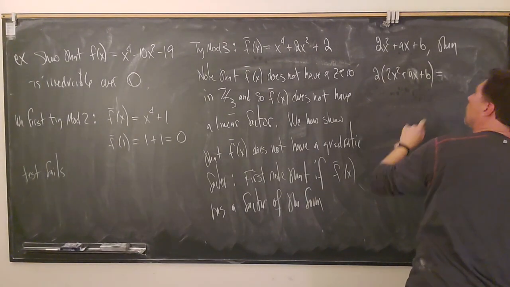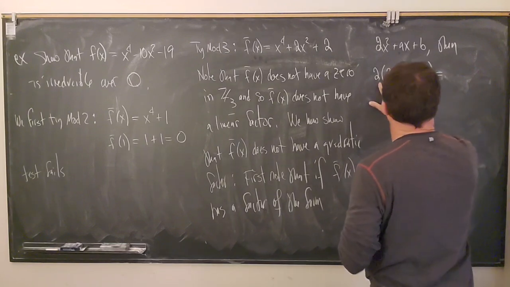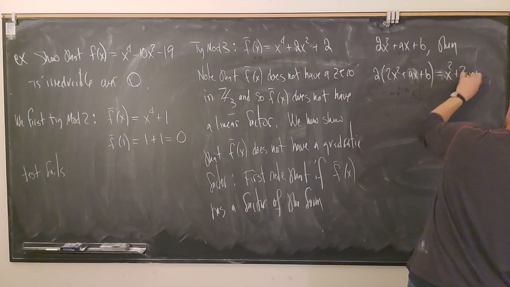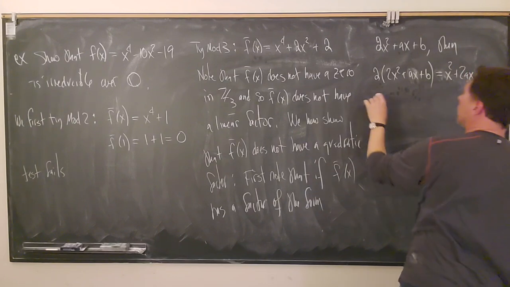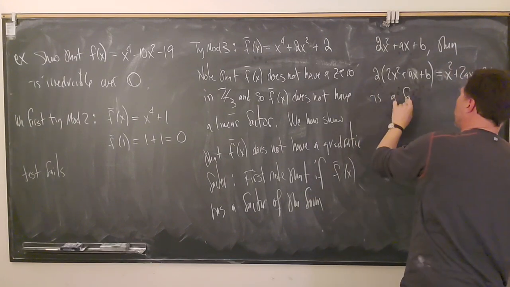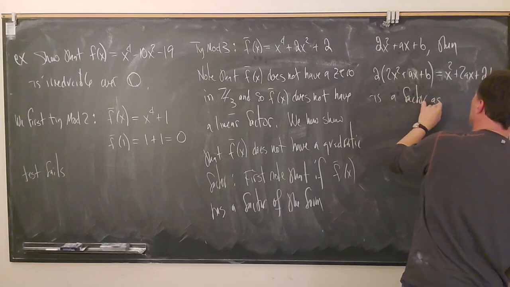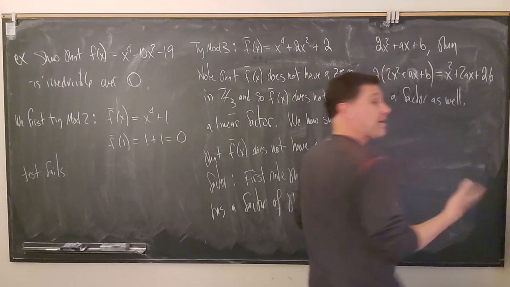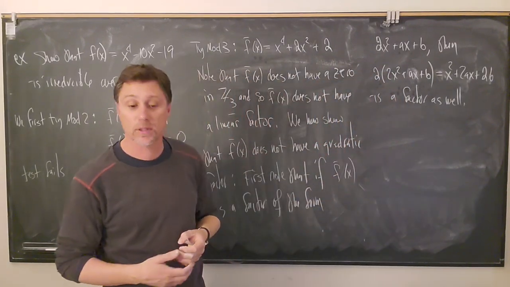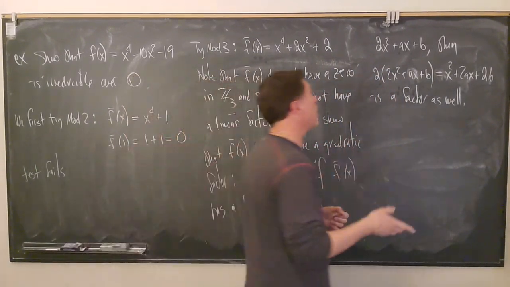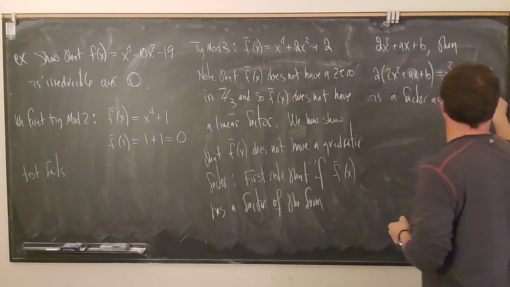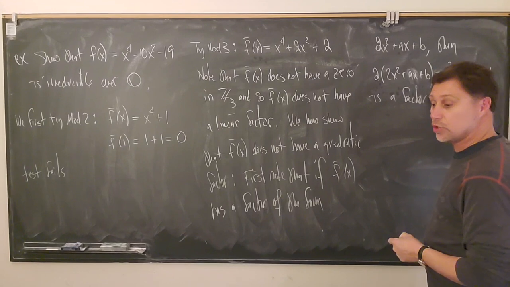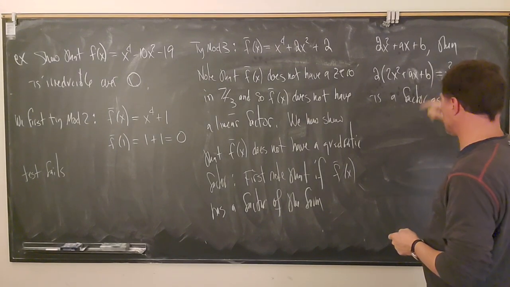So x squared plus 2ax plus 2b is a factor as well. If you have a factor, then a constant multiple of that factor is also a factor. And so notice then that allows us to just work with factors that are monic, right? The quadratic factors where the leading coefficient is a 1.